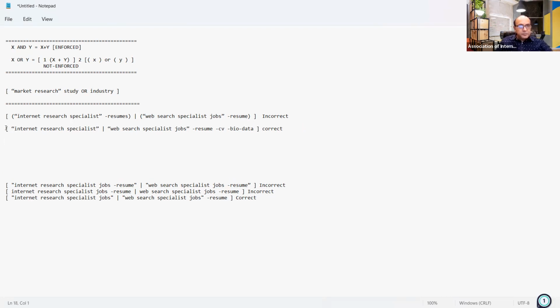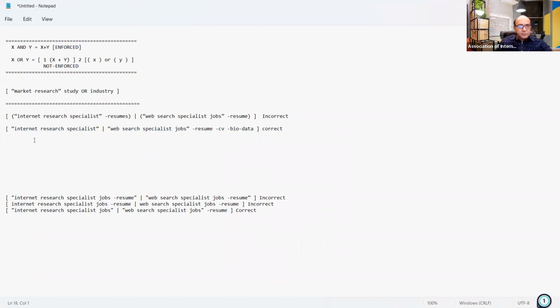Similarly, can I write, say, if I wrote another word here, and I don't want both of these terms, like web research specialist jobs or internet research specialist jobs, to be included in my search.